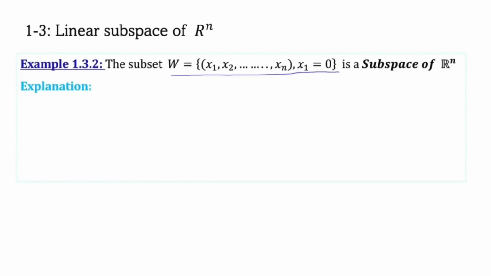So we take W as a subset of Rn with the condition that the first entry x1 is equal to 0. So W contains all the entries from Rn in which the first component is 0. We have to show that this is a subspace of Rn.